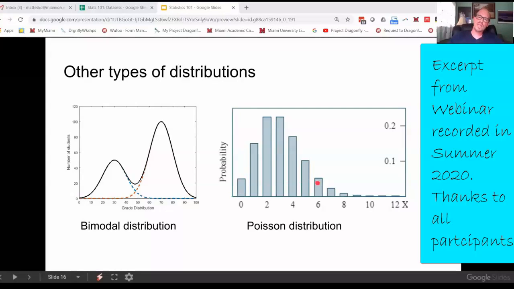So you might see a trailing tail at the higher end of size. And what that would mean is that those very large tuna are very rare. Someone's got a tuna joke perhaps up there, but hopefully not. In any case, there's lots of examples like that where either very small things are rare or very large things are rare, and that would be a Poisson distribution.